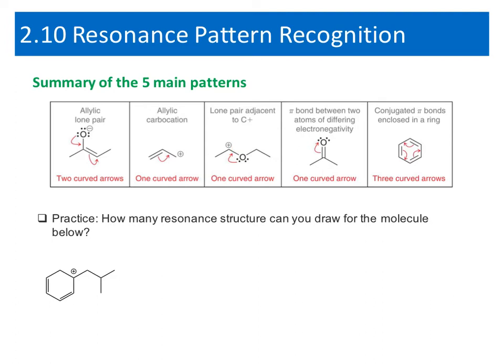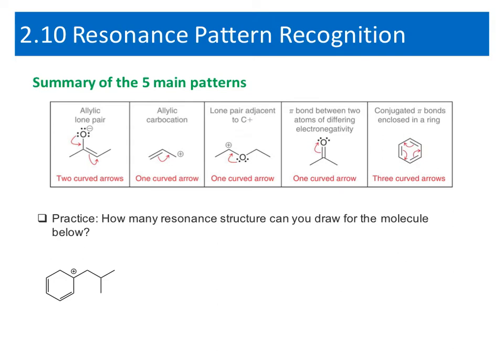The fourth one, we have a double bond between 2 atoms with different electronegativity, and in this course we are focusing on carbon-oxygen and carbon-nitrogen. We are using 1 curved arrow to move the pi bond and make a lone pair. And the last one was a conjugated pi system in a ring, and we are using 3 curved arrows.